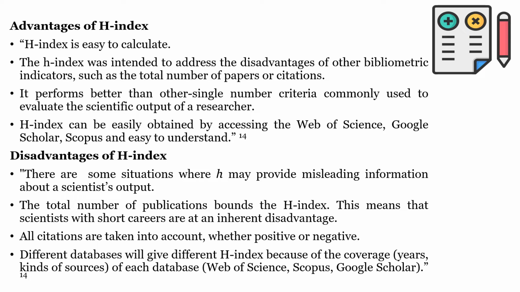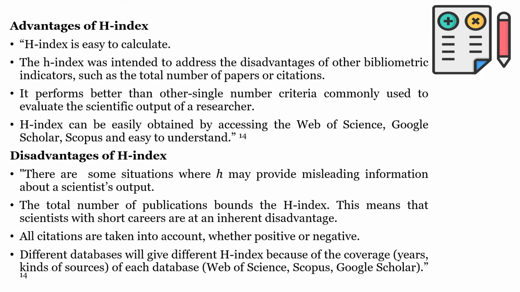Now, the disadvantages are as follows. There are some situations where the H index may provide misleading information about a scientist's output. The total number of publications bounds the H index. This means that scientists with a short career are at an inherent disadvantage.